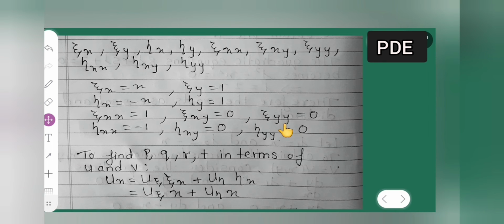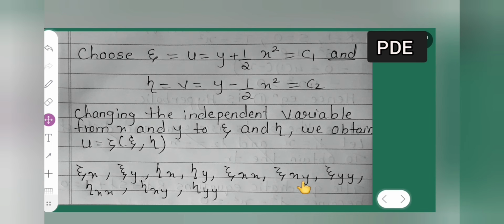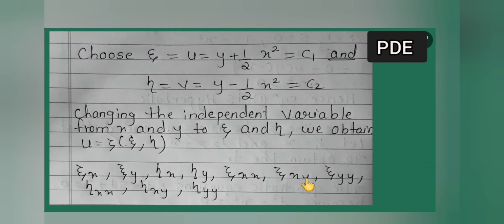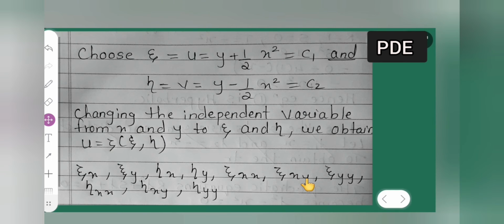Now what we have to do next? We need to find this. So what is xi x? We have to differentiate with respect to x. So from here we are going to differentiate xi with respect to x.